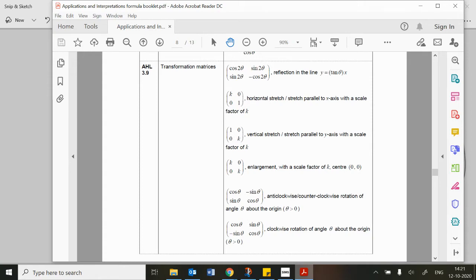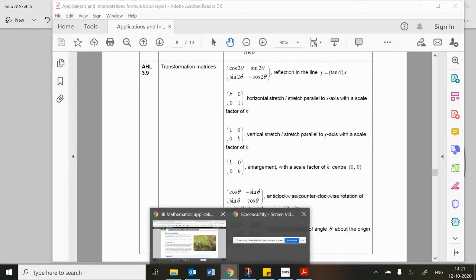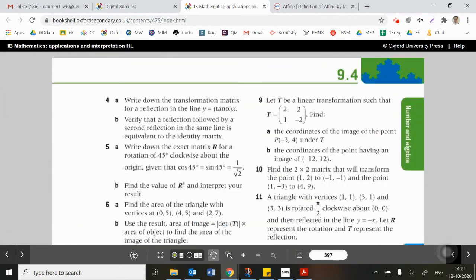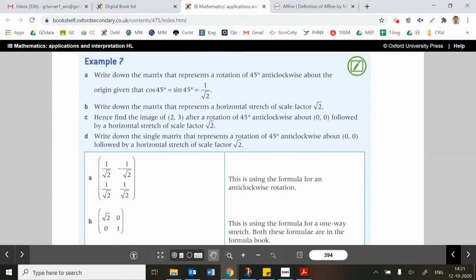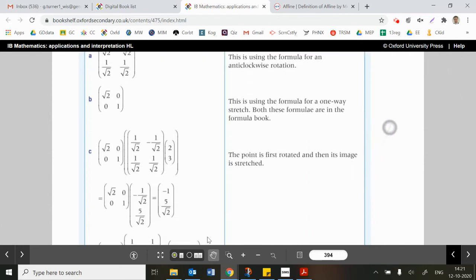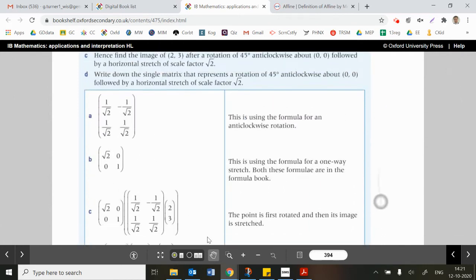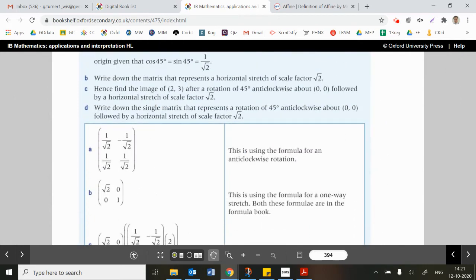So we can take those transformations from here. For example, in example 7, in part D, they say write down the single matrix that represents a rotation of 45 degrees anti-clockwise about (0, 0), followed by a horizontal stretch of scale factor square root of 2.